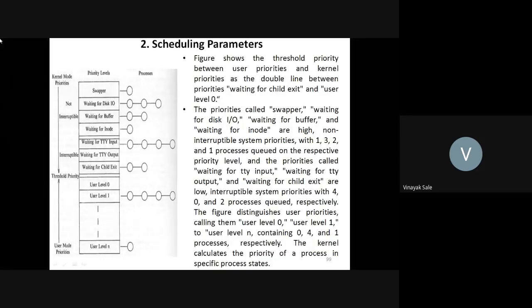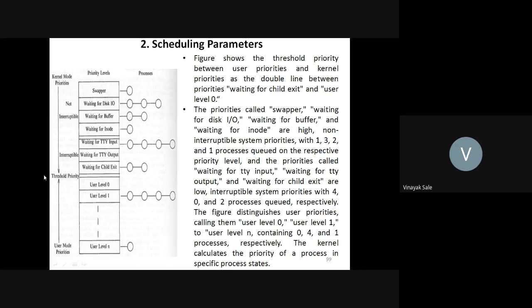This figure shows the threshold priority between user priority and kernel priority.